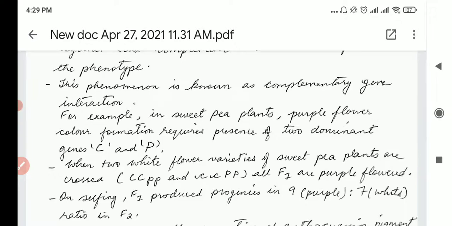Okay, the example is a sweet pea plant where the purple color will form only when both the dominant genes C and P are present. So when both the dominant genes C and P are present, we will get a purple color.